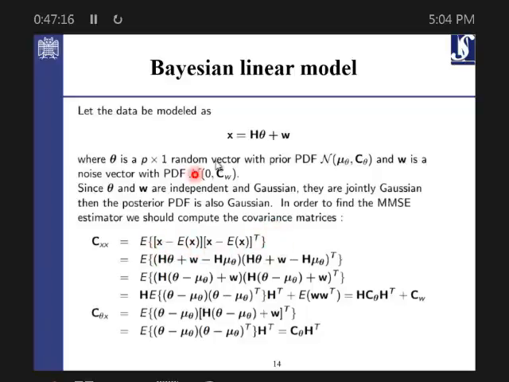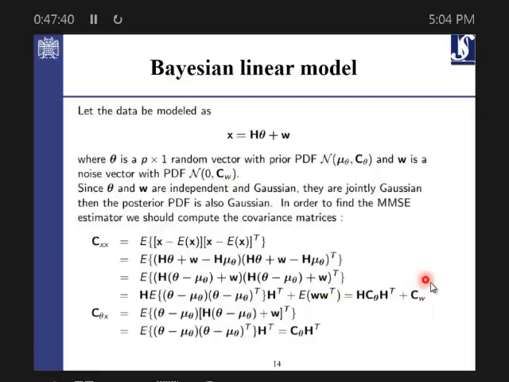Replace every x with this equation here, and then apply the expectation, because for theta we know the mean is like this. When you apply that, you come up with this, and this term drops out.